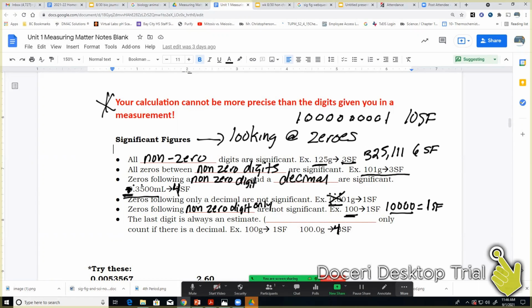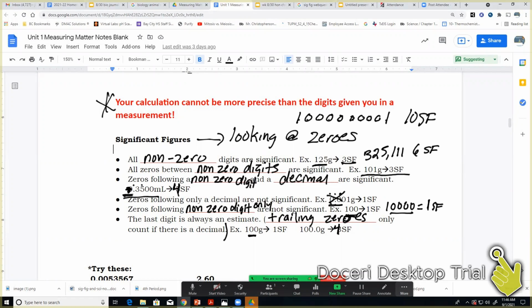As I mentioned earlier, the last digit is always an estimate. And that means trailing zeros only count if there is a decimal. So these are trailing zeros, no decimal, it's just one sig fig.